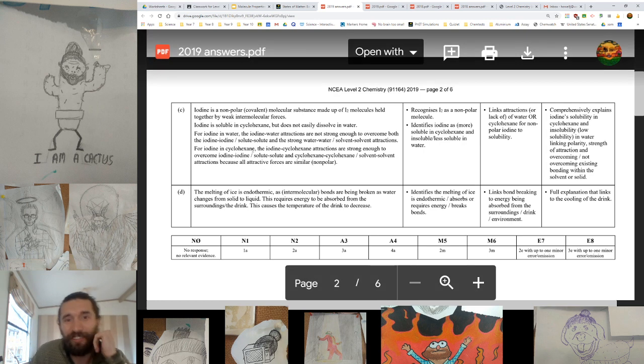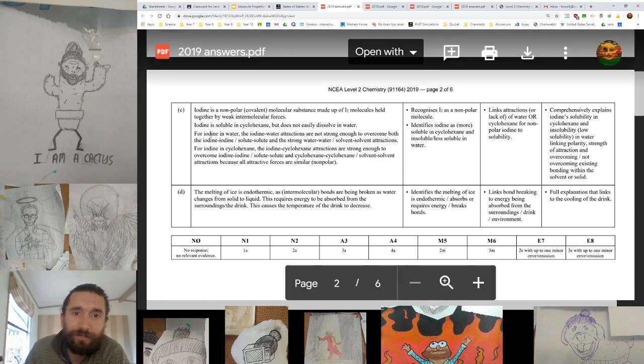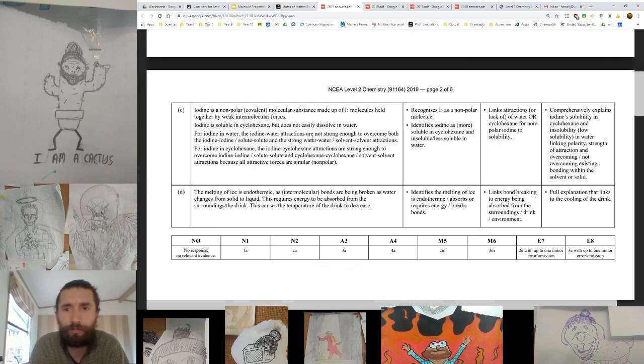Now here's the important explanation, which we didn't really look at. But basically the way it is that in water we have lots of water molecules, and they are really attracted to each other.